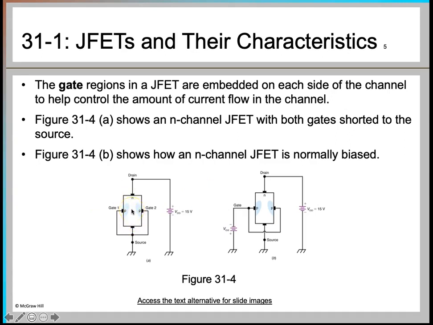Now there is a voltage called your pinch off voltage. So what is that voltage? On increasing the VDD, which is equal to your VDS, the drain to source voltage, the width of the depletion region or layer will increase, and it increases to a level where it appears that the two depletion regions are touching each other.